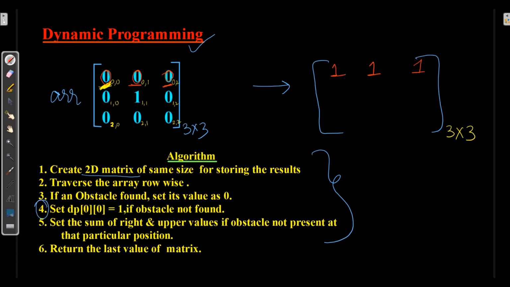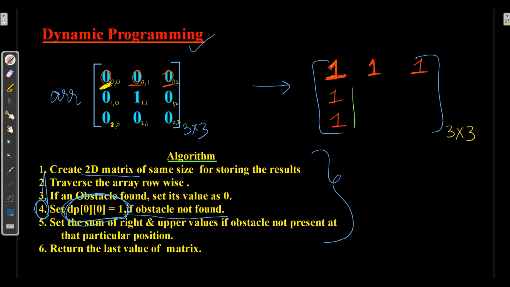It says in the fourth point, if there is no obstacle, write the first element of the matrix as 1. And then I need to copy the first value of the matrix to the second and third element of the row. Then I will go for copying this first element of the matrix to its column.